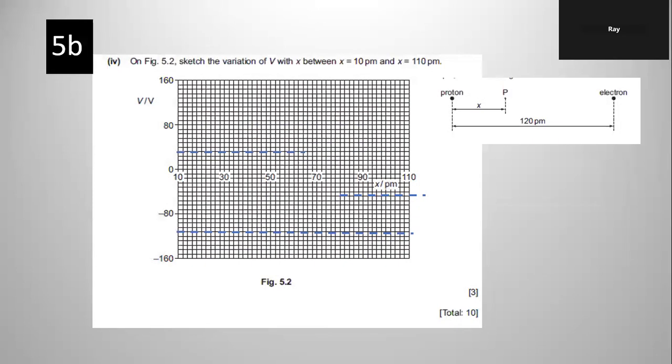Then they want you to sketch the graph, so it is important that the values you calculated must be plotted on the graph. At 30, at 10, same, symmetrical. And then at midpoint is 0. Midpoint is 55.